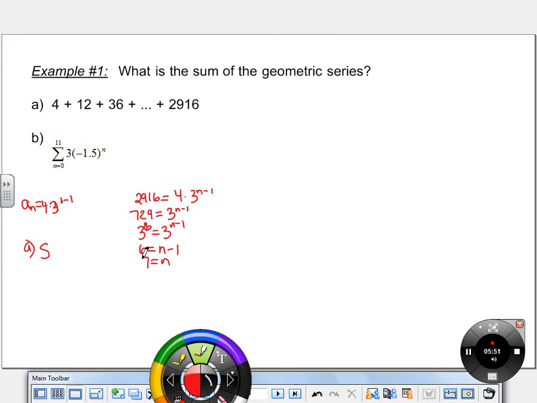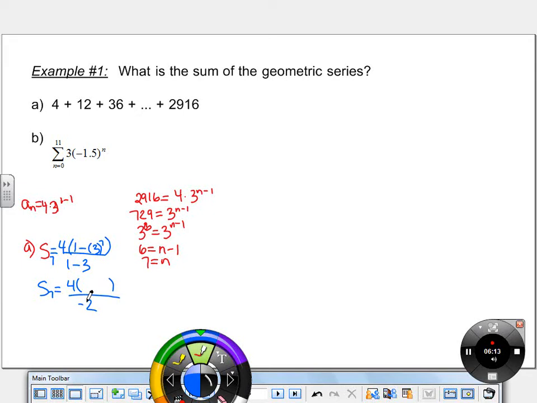So I'm finding the sum of the first 7 terms, which is going to be the first term times 1 minus the ratio to the 7th power over 1 minus the ratio. So this is going to be 4 times whatever I get when I do that over negative 2.